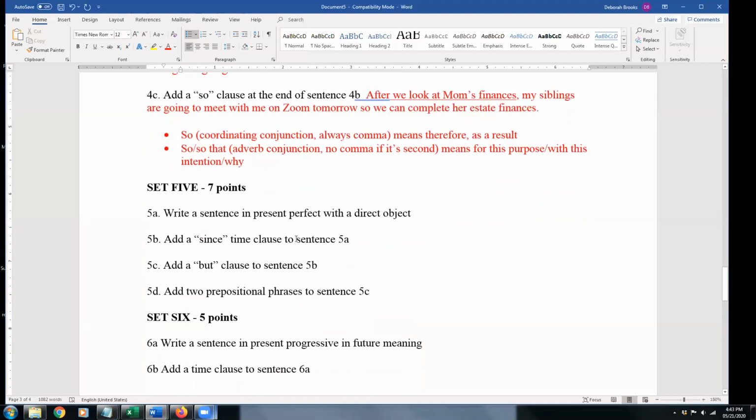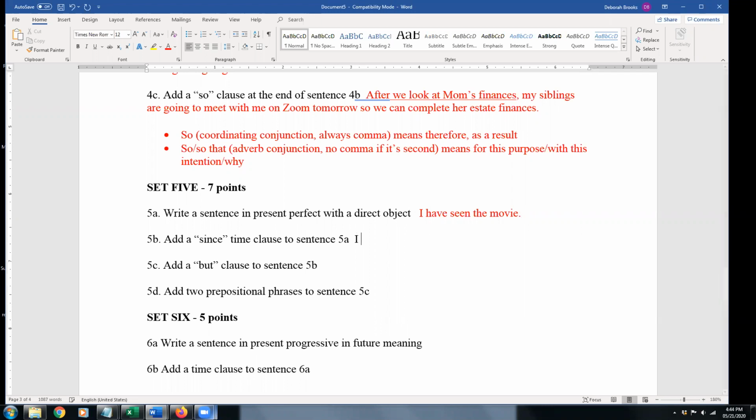All right, step 5, a sentence in present perfect with a direct object. I didn't say what subject. I have seen the movie. So that's present perfect with a direct object.